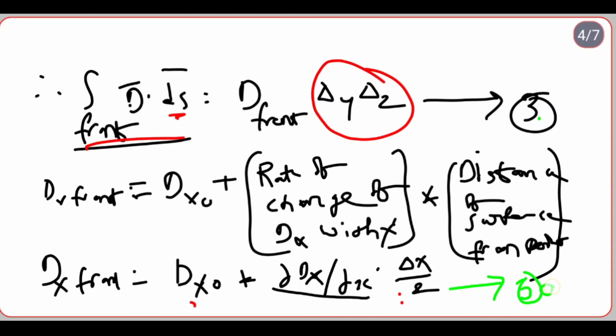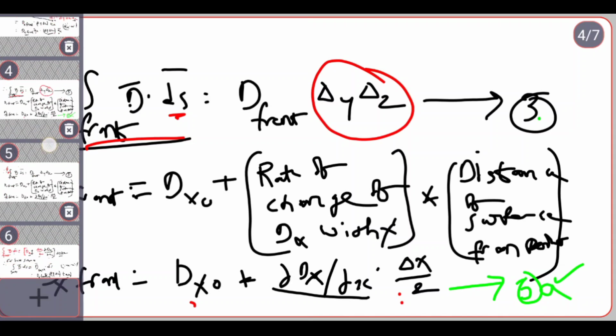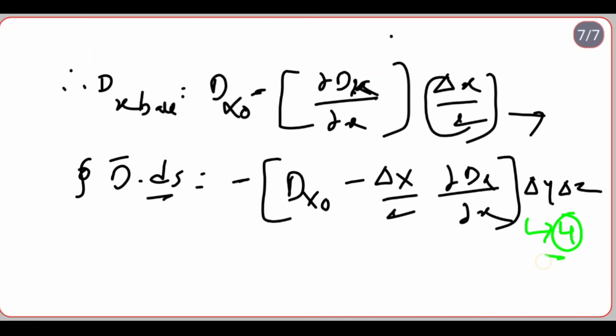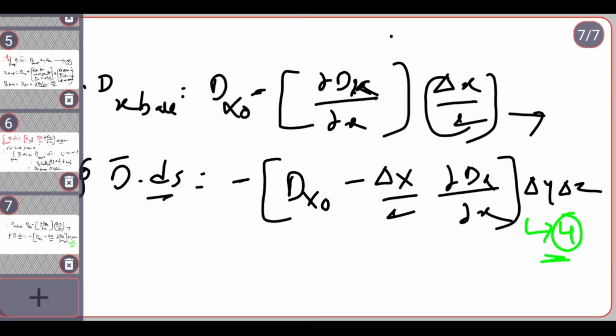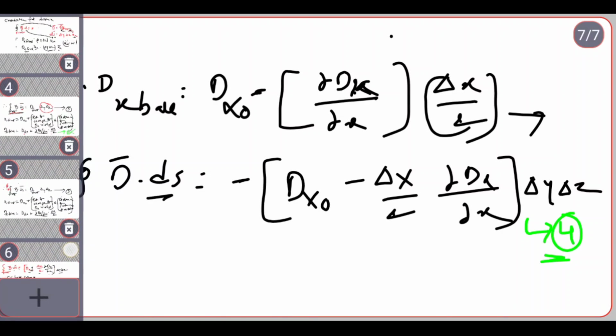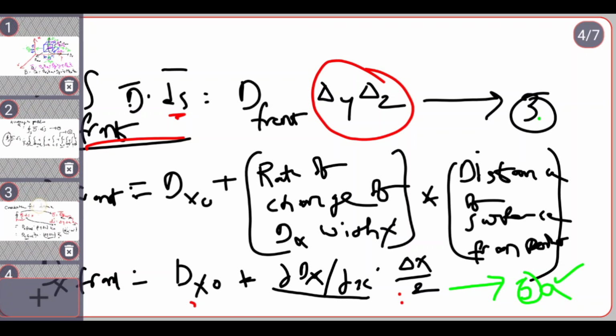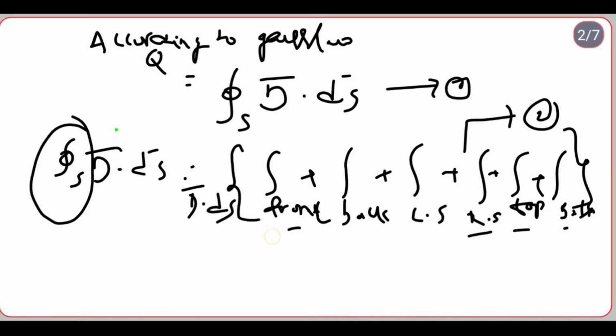Now we are combining the front and back surfaces: equation 3a and the back side equation, which is equation 4. Combining the equations, the front side plus the back side, because it is front and back we are combining the two equations here.